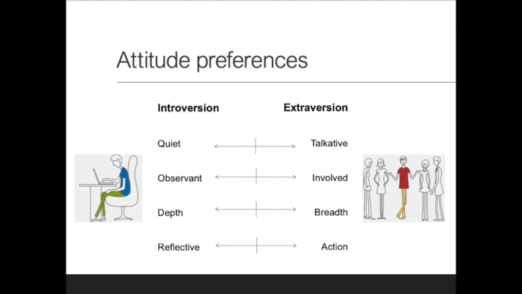As with all of the preferences, introversion and extroversion sit on a continuum. So our preference for one or the other may be fairly extreme. We may sit at the far end of the continuum of introversion, or we may have a milder preference so that we find we sit somewhere closer to the center.